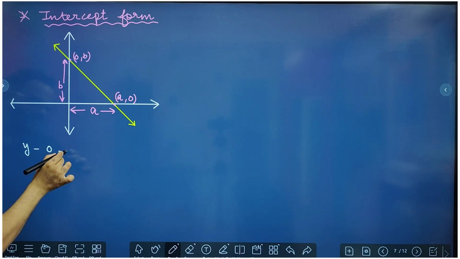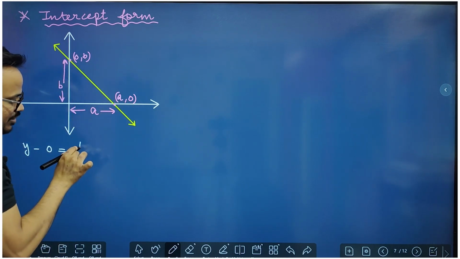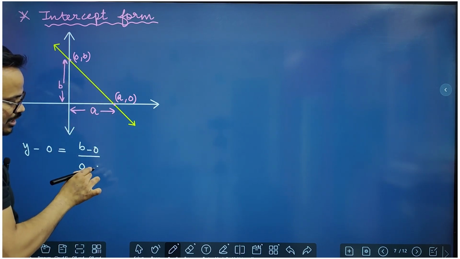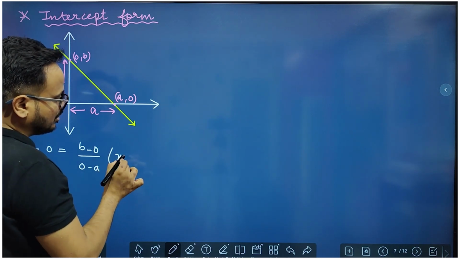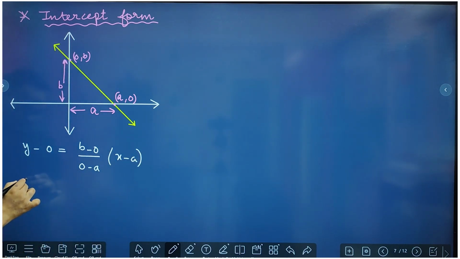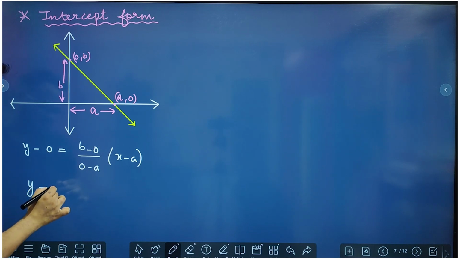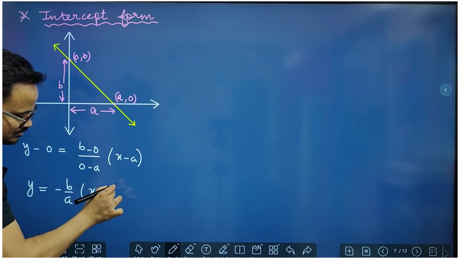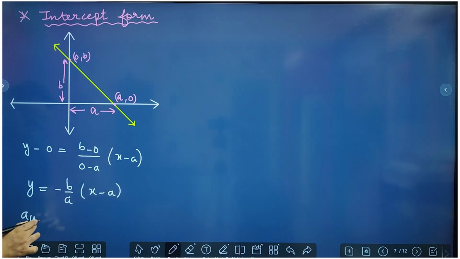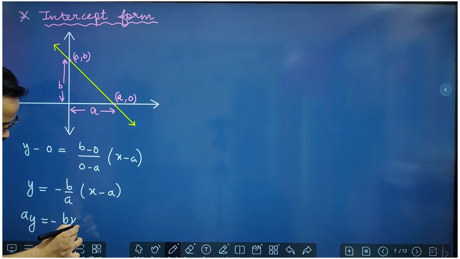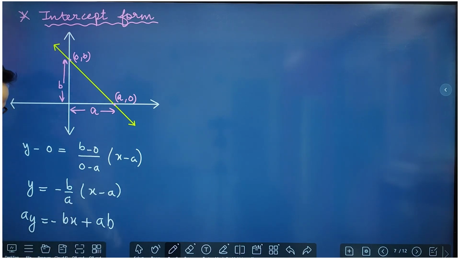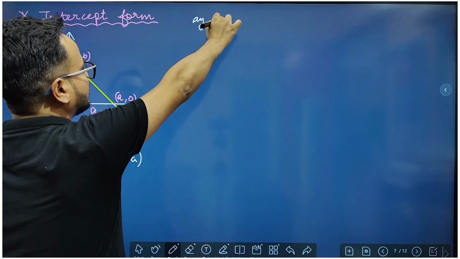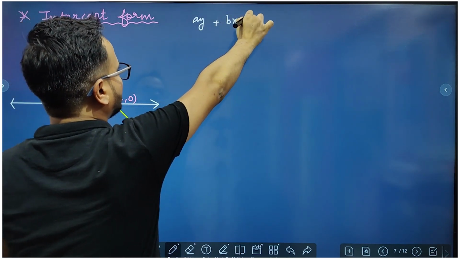So y minus y1 equal to y2 minus y1 by x2 minus x1 into x minus x1. So it is ay plus bx equal to ab.